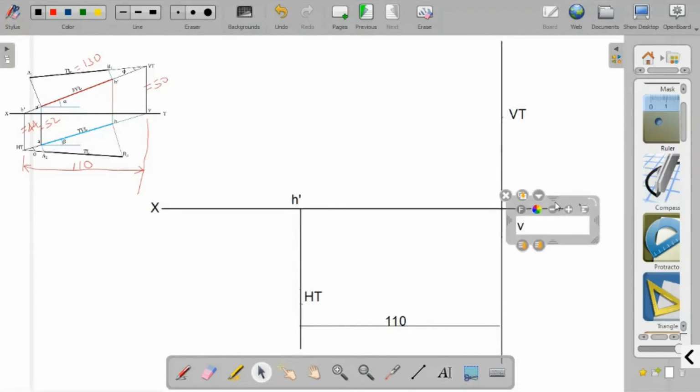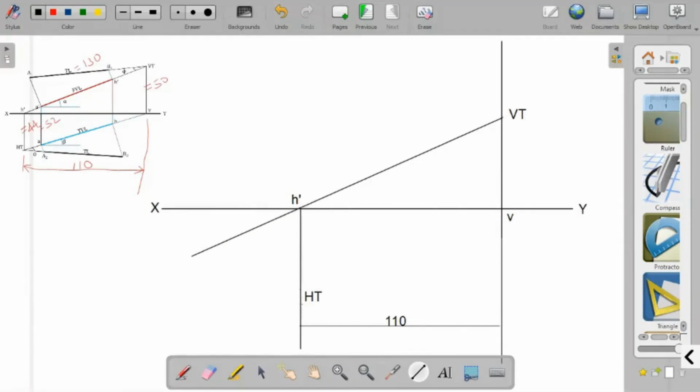Now we join the points VT with H dash. I am extending it so that anyway I need the extension. Likewise, join V with the HT. Here also we need the extension, so extending it.